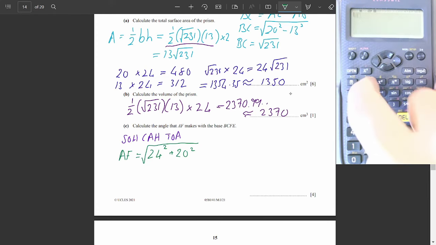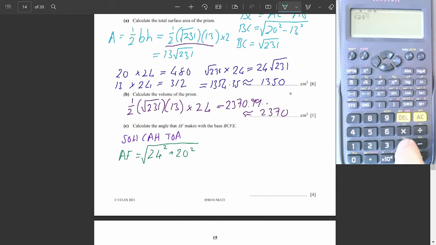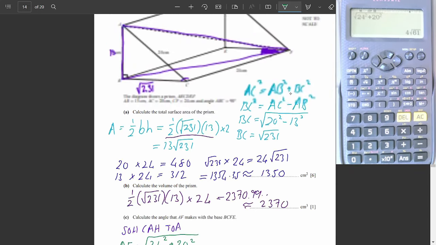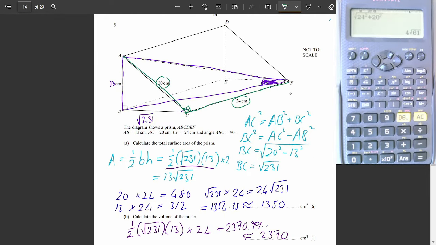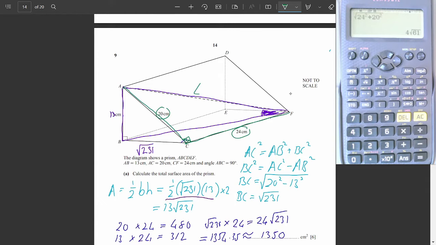So the square root of 24 squared plus 20 squared equals 31.2409987, but less writing and just as accurate is 4 square root 61. So let's bounce back here. We now have AF, 4 square root 61.